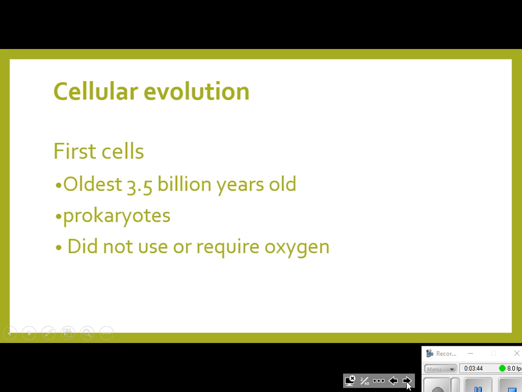They did not use or require oxygen. So these first cells did not use or require oxygen. We call that anaerobic. Okay? They do not need oxygen. That is anaerobic.